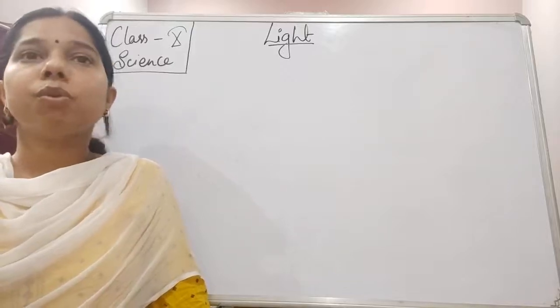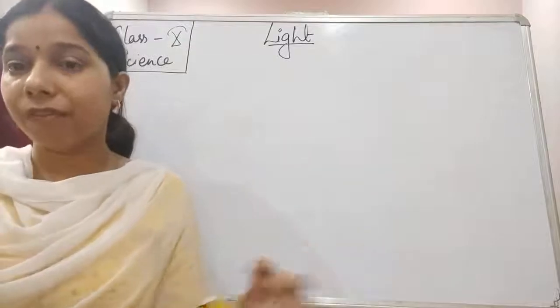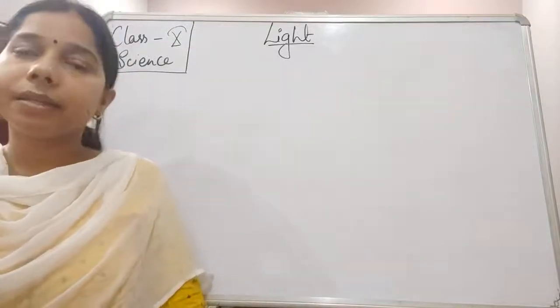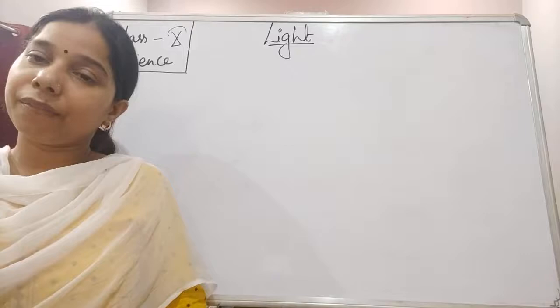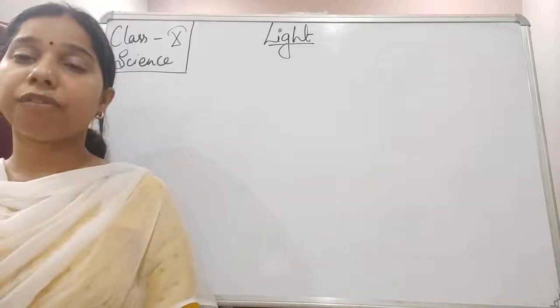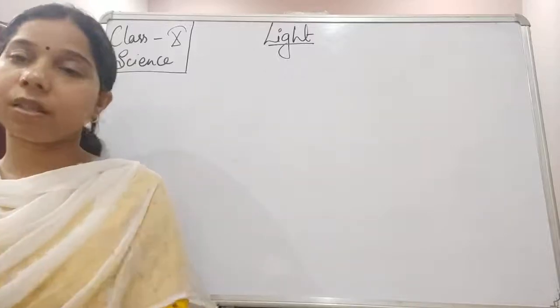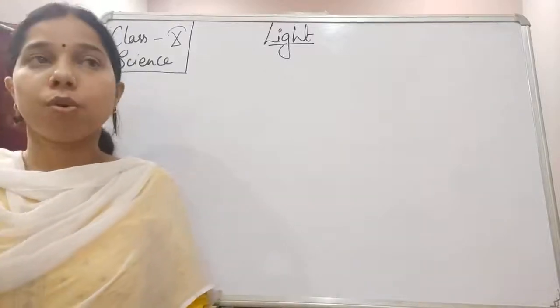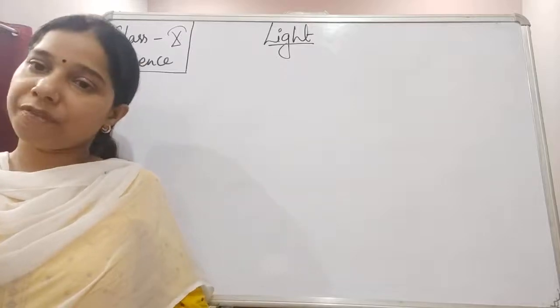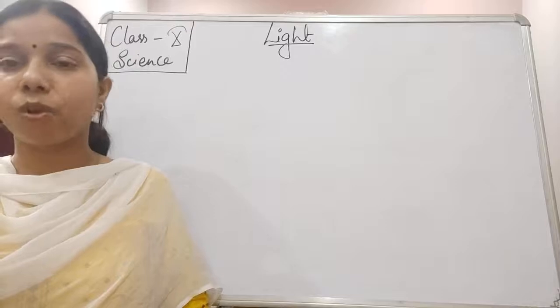Rear view mirror, students, it means in vehicles you see there is a mirror which we call a rear view mirror. Basically it helps in covering a wide range of traffic, and helps in focusing on the rear view.